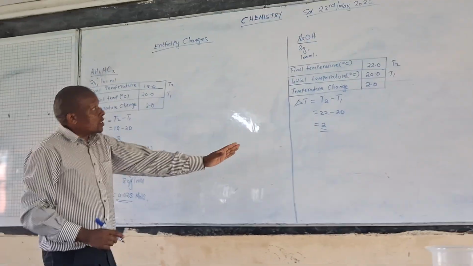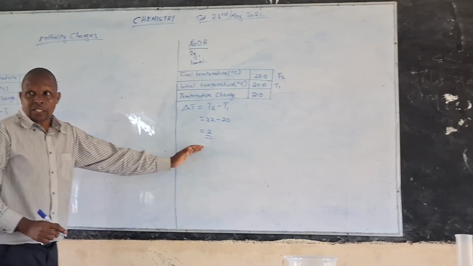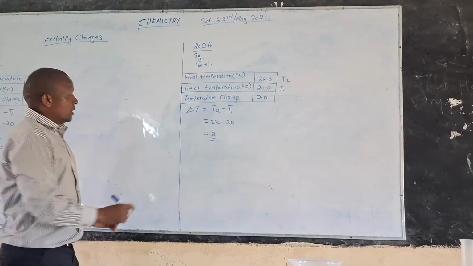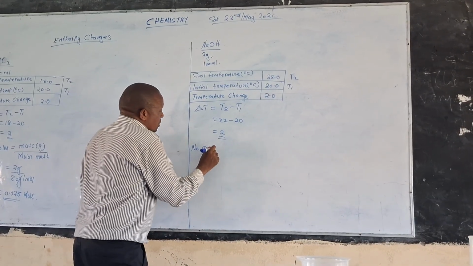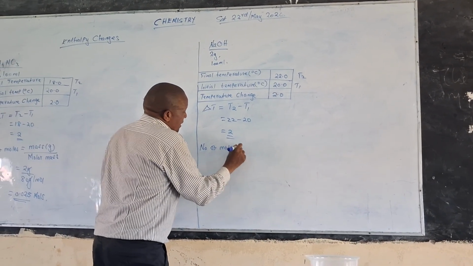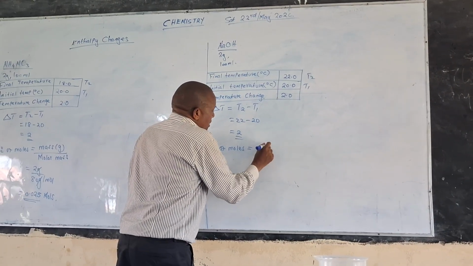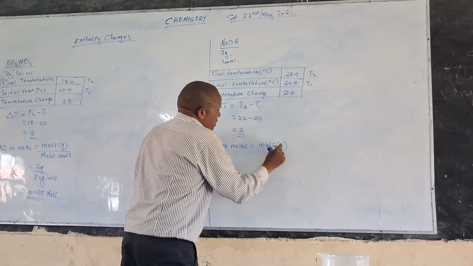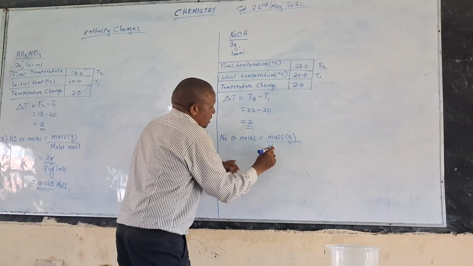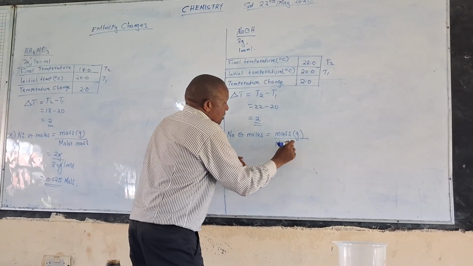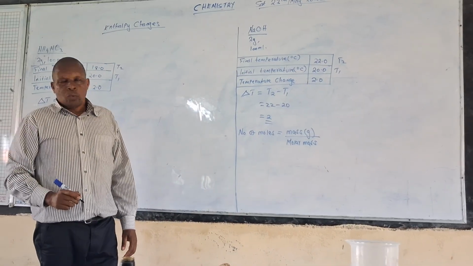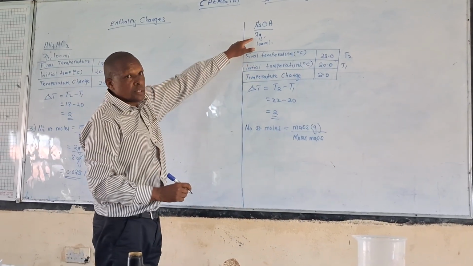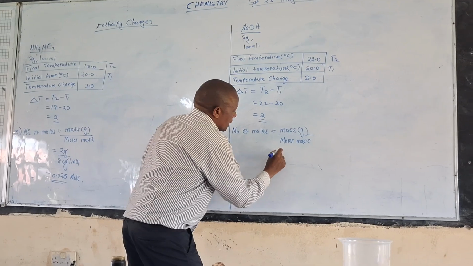Now let's work out the number of moles of sodium hydroxide. We use the same formula. Number of moles is equal to mass in grams divided by molar mass. What is our mass? 2 grams.